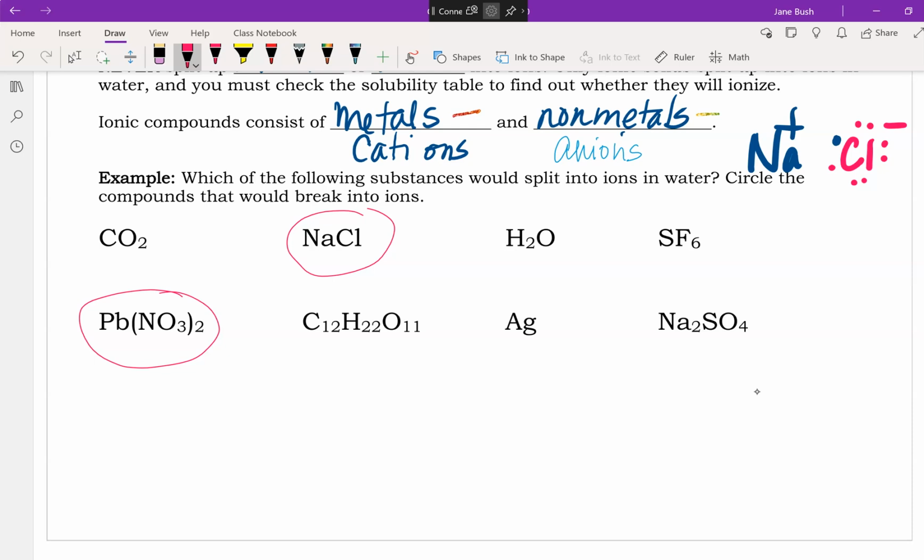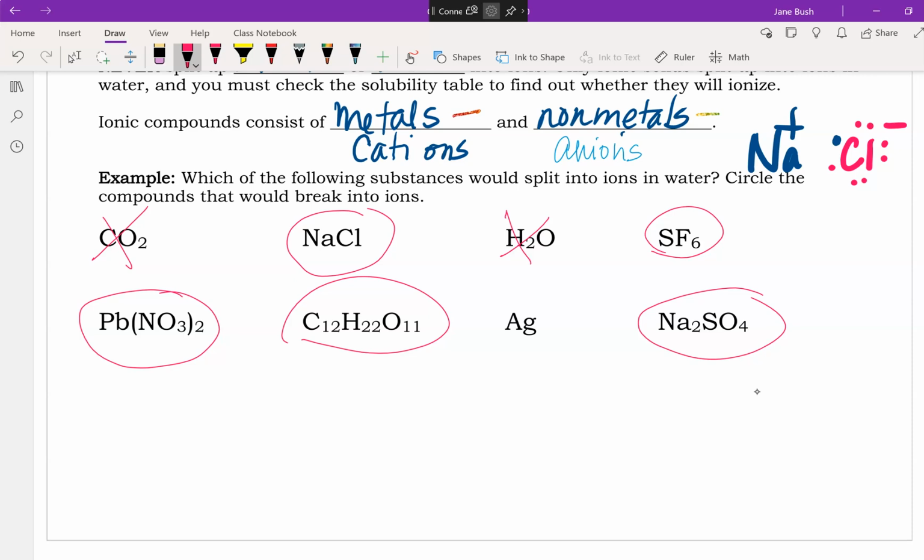Let's try and say the names. Sodium sulfate. That's it. Why not carbon dioxide? It's two nonmetals. Why not water? Two nonmetals. Water actually will dissociate a tiny bit, but that's a different story. How about sulfur hexafluoride? Two nonmetals. Sucrose is all nonmetals, and silver is just an element.